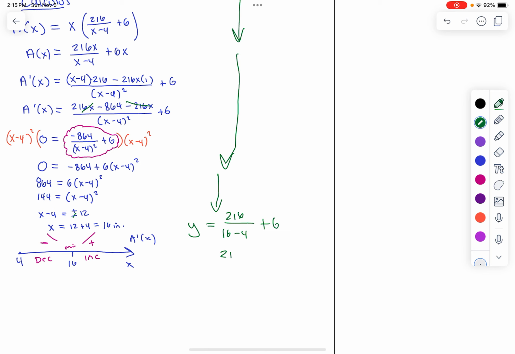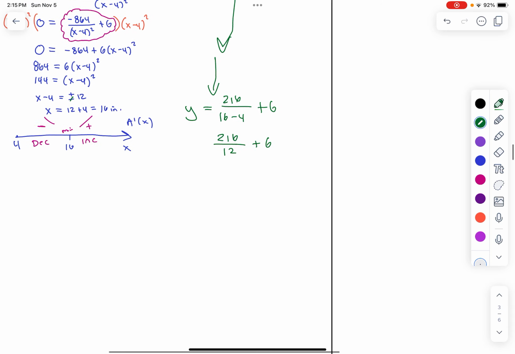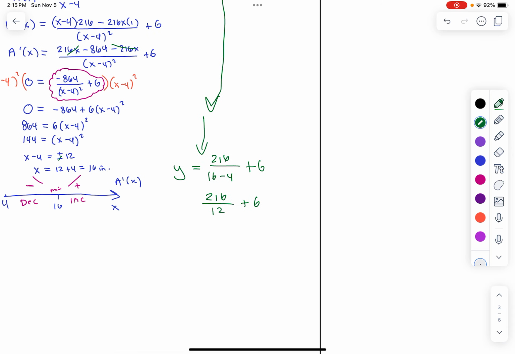So that's 216 divided by 12. 216 divided by 12 is, let's see, 12 goes into 96 eight times, so 18, plus 6, so it's 24 inches.